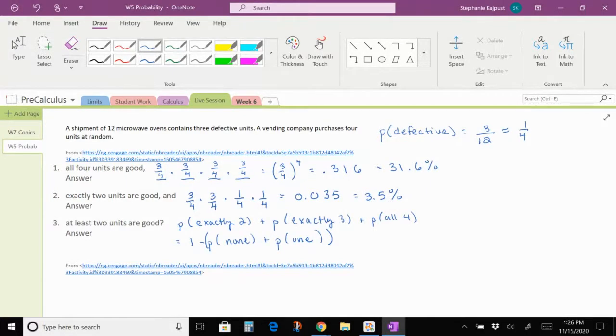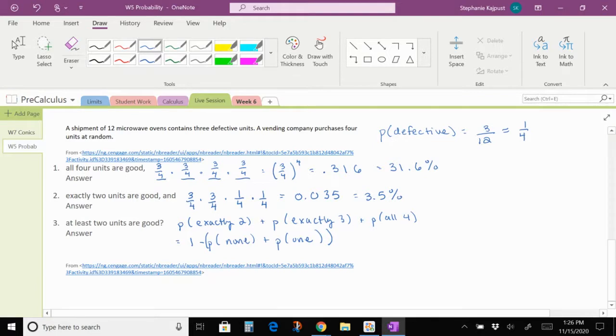Because it's a binary choice, one or the other, if we have at least 2 units are good, this would be the probability that none are good or one is good. I'm kind of using the defective and the good interchangeably, but it depends on whether they are asking if it's good or if it's defective, but the setup would be exactly the same.